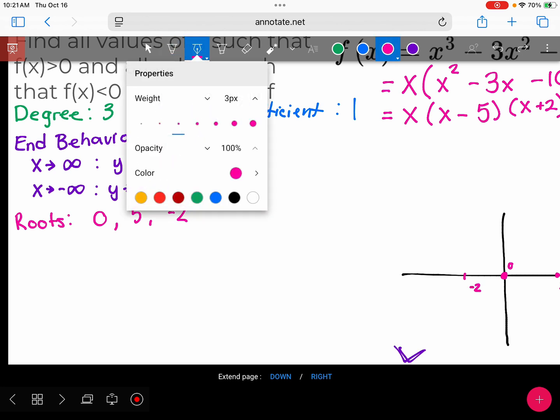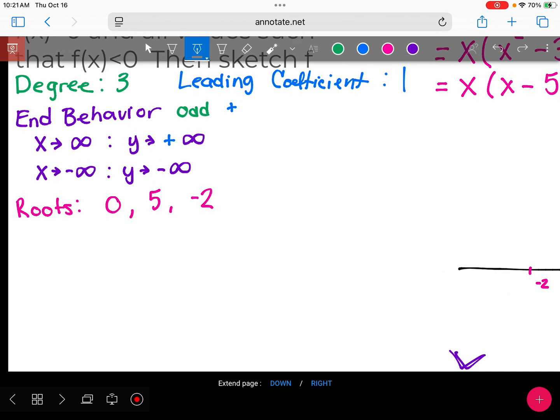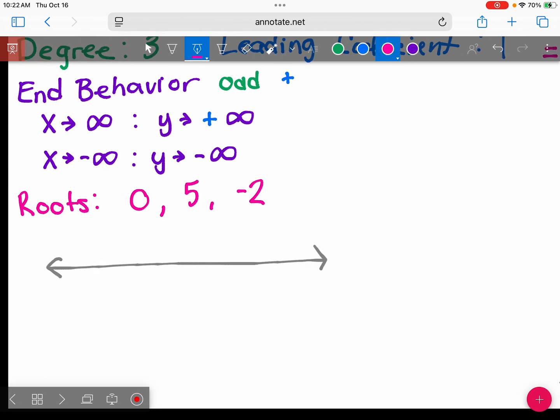We used these last chapter when we were talking about inequalities, and we would take our roots and put them on a number line, smallest to biggest. So we'd have our -2, then 0, then 5.